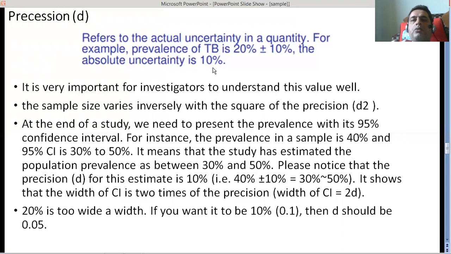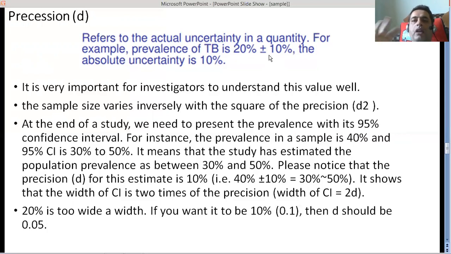Uncertainty may be absolute or relative, but I'm not going into the details of this. You just remember this value, 20% is prevalence plus or minus 10%. The absolute uncertainty here is 10%. It means that this prevalence can be 30%, or at the same time could be 10%.